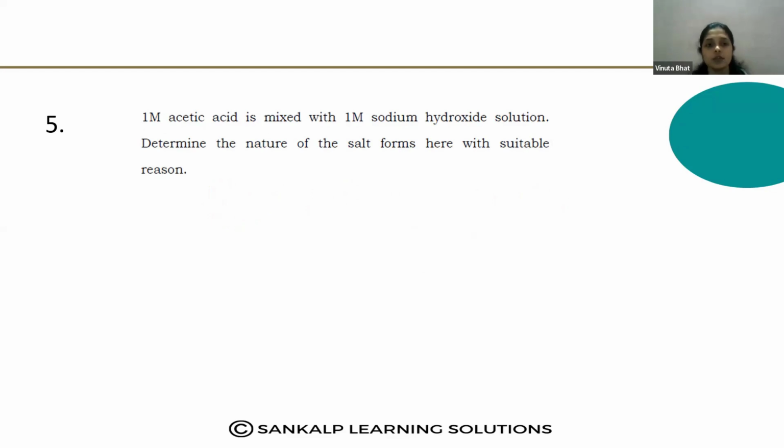Yes. Next question. 1 M acetic acid is mixed with 1 M sodium hydroxide solution. Here you have to determine the nature of the salt formed, with a suitable reason. This is a 1 mark question.